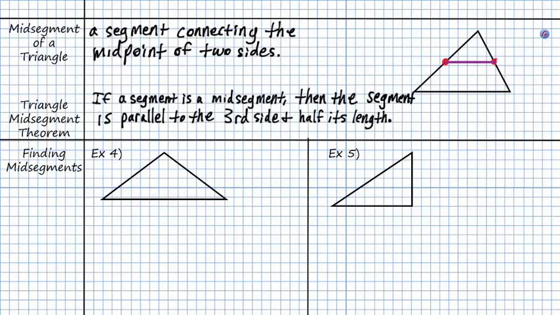So then we can state that this segment would be parallel to this segment, and if we go ahead and name these A, and then we'll call this B, C, and then D, E, then I can say that the DE length is equal to 1/2 the length of AC. And they're parallel. So this is a pretty handy thing. It'll allow us to do some pretty powerful stuff here in a second. So let's go ahead and do some examples.